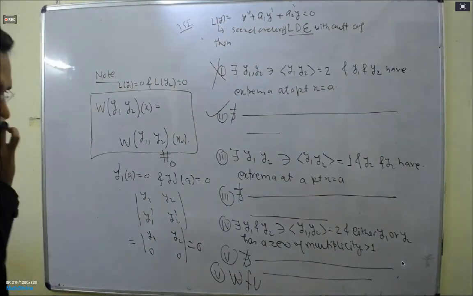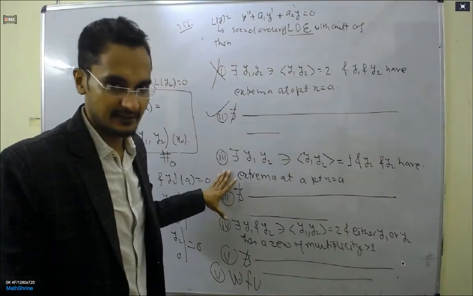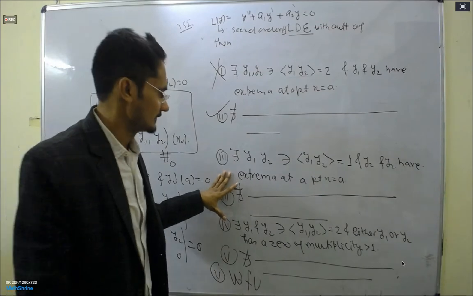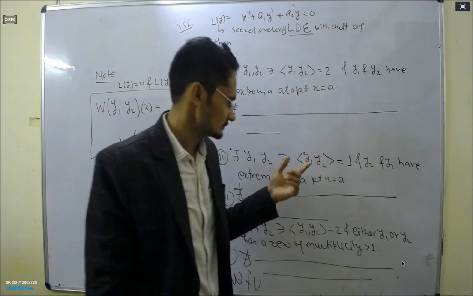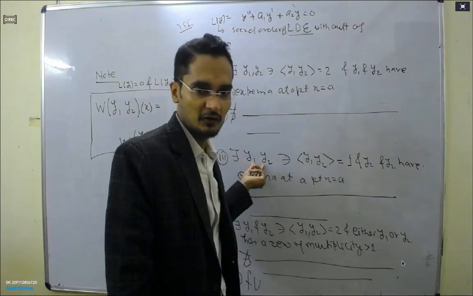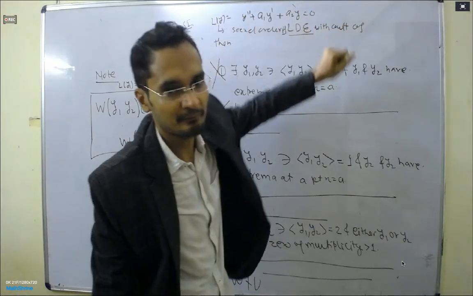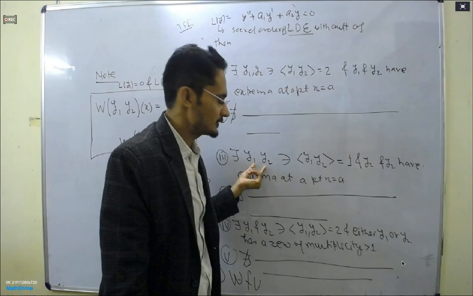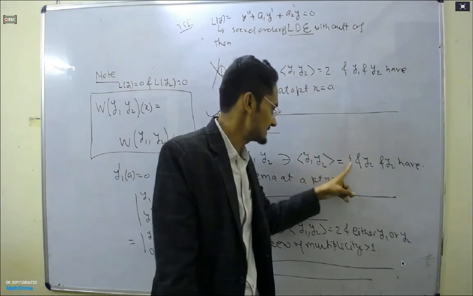The meaning is y1 and y2 are linearly dependent on each other. Meaning, if I multiply y1 by some scalar, I will get y2. Whenever I say multiplication by some scalar, I mean a non-zero scalar multiplication. If I multiply here, I will get this, or if I multiply here, I will get y1. So dimension is 1. It means both are not independent.